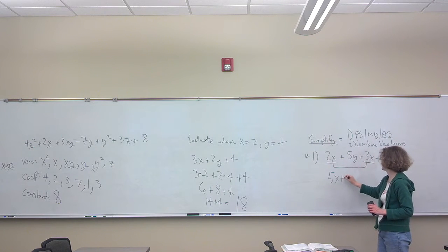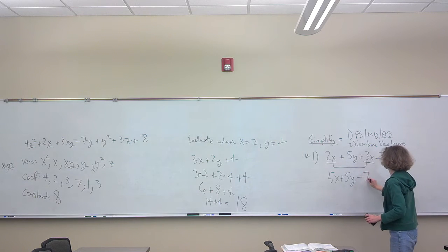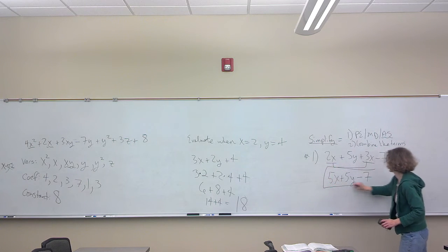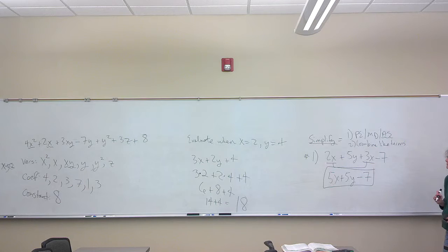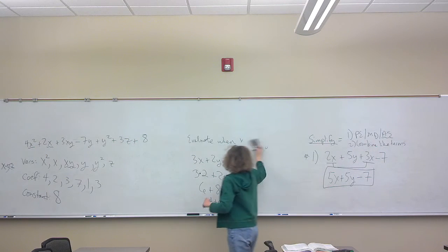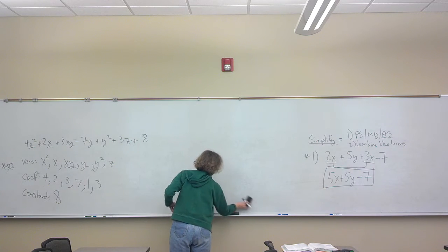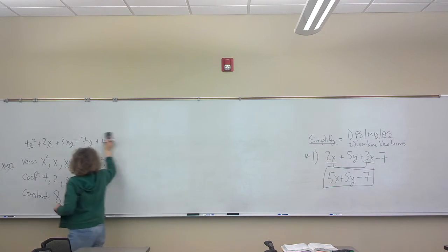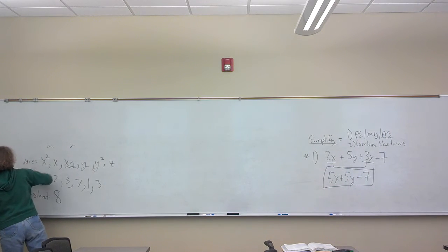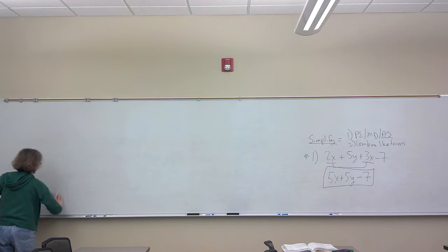There's only one y term, so we bring that down. And then only one constant. So this, even though it still looks ugly, is the simplified form. They get bigger. The more you have to do with the Sally rules, the longer these can be. But they're just as easy.